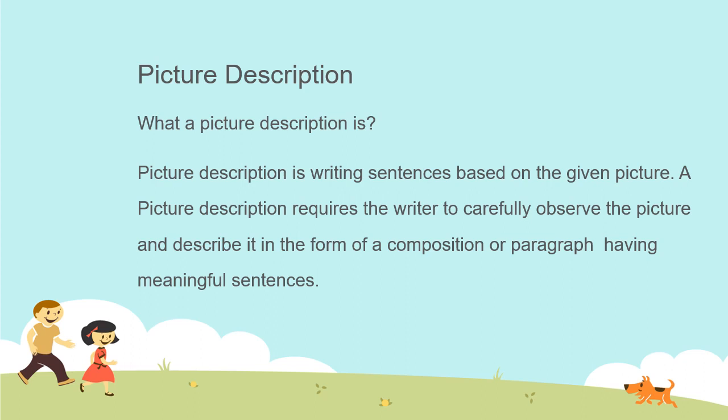A picture description requires the writer to carefully observe the picture and describe it in the form of a composition or paragraph having meaningful sentences. So, by looking at the definition of picture description, we come to know that observing the picture carefully is the main point for writing a good picture description.